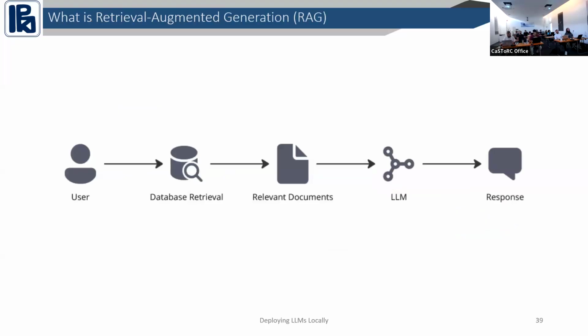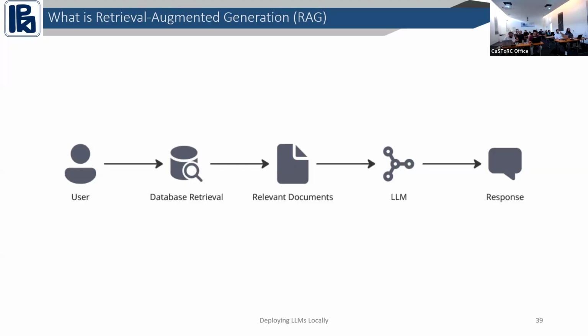RAG first stands for Retrieval-Augmented Generation. It provides you some mechanism to provide external information to the model, but this is an intelligent way of doing that.